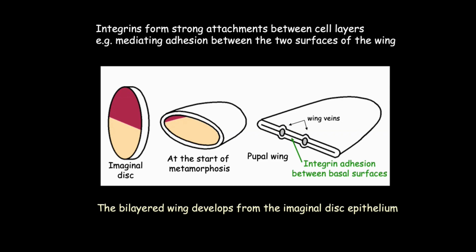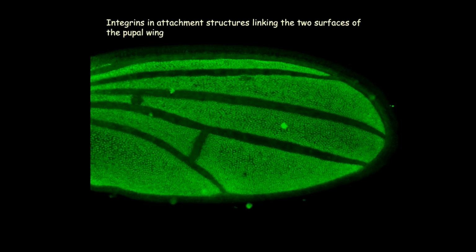It makes a flattened sac, and then basically the basal layers of the dorsal and ventral surfaces come together and stick together. And if you look at a pupal wing and stain for integrins, you see these spots, which are the points where the dorsal cells are attaching via integrins to the ventral cells through an extracellular matrix. And these gaps are where the future veins form in the wing.